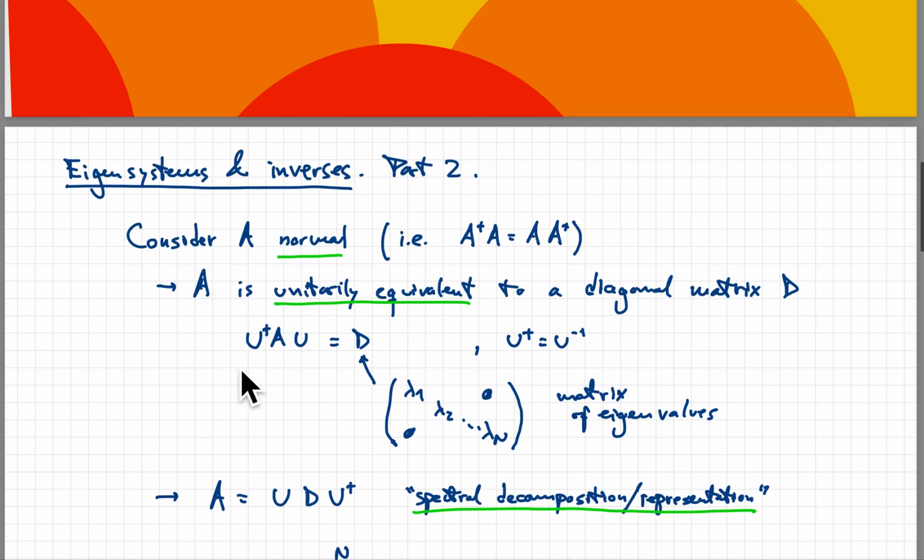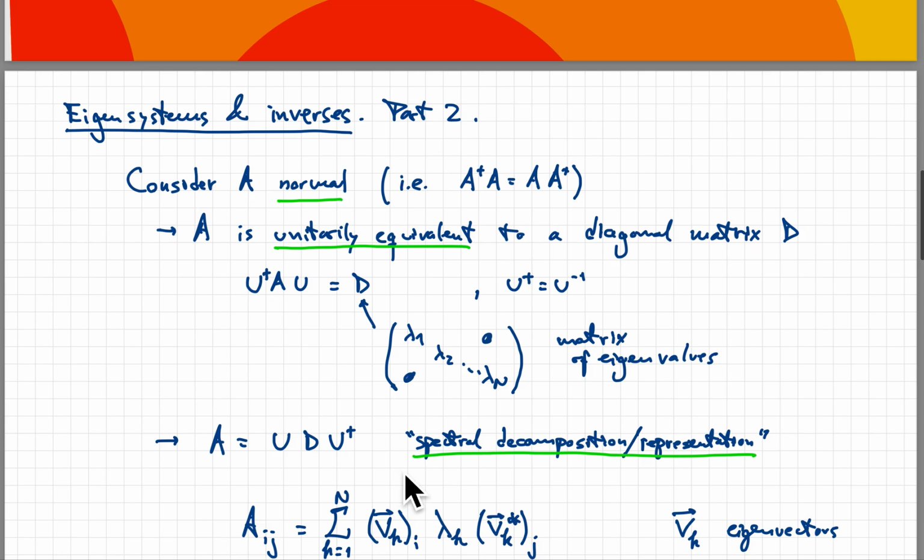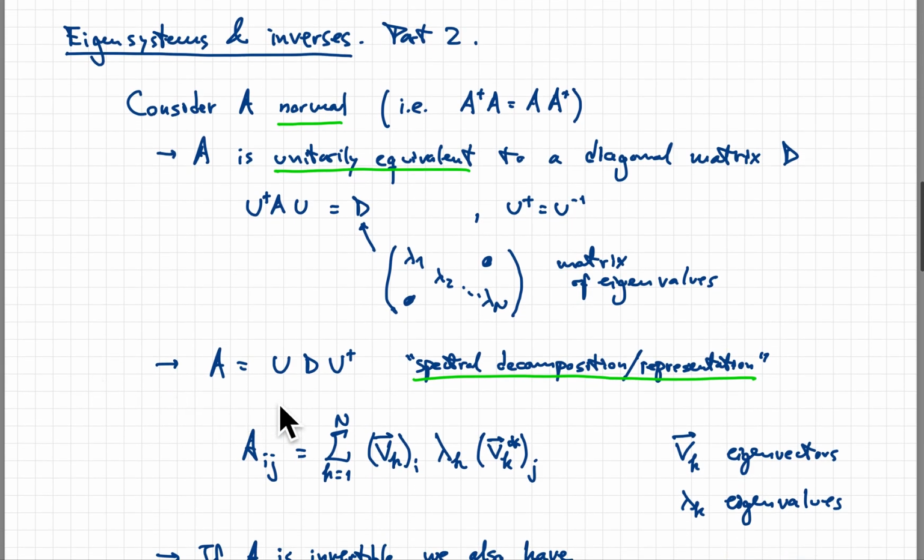Now, if you put U and U dagger on the other side of the equation, which you can easily do because U dagger is the inverse of U, then we have the so-called spectral decomposition or spectral representation of A, which takes the form U D U dagger. So A is a matrix that we can write as the matrix of eigenvectors, the matrix D of eigenvalues, and the matrix of eigenvectors daggered.